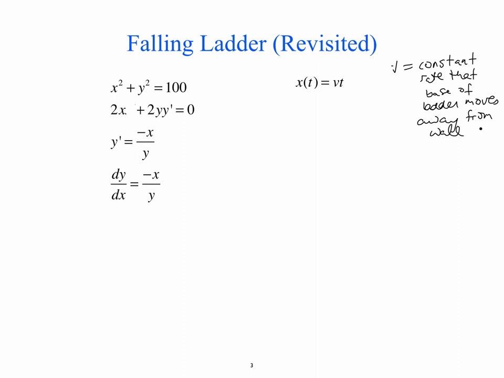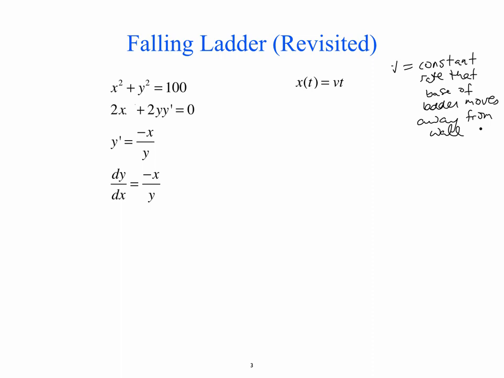Okay, so if I wanted to talk about the rate of change of x with respect to t, what would that be? The rate of change of x with respect to time? Well, so x of t is a linear function, if you look at x of t, right?